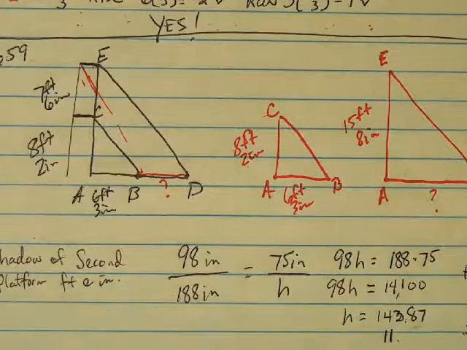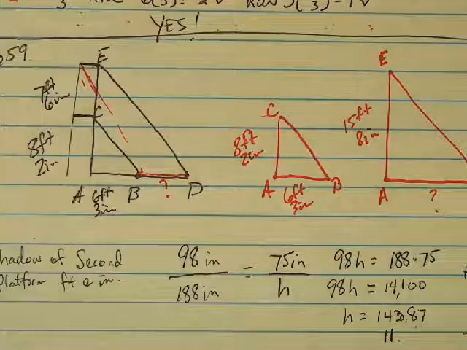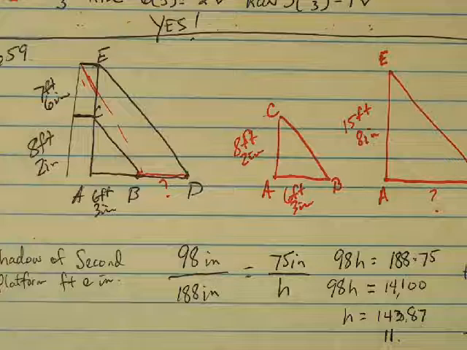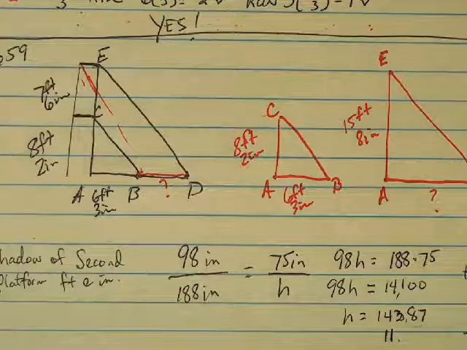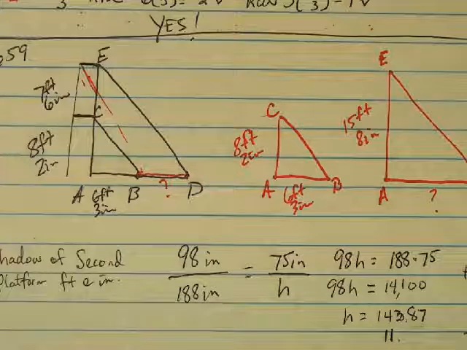So basically take 0.859, divide it by, oh, I'm sorry, you multiply it by 12. 0.859 times 12. It's not going to be exact, it's going to be a little off, but approximately 10 inches.